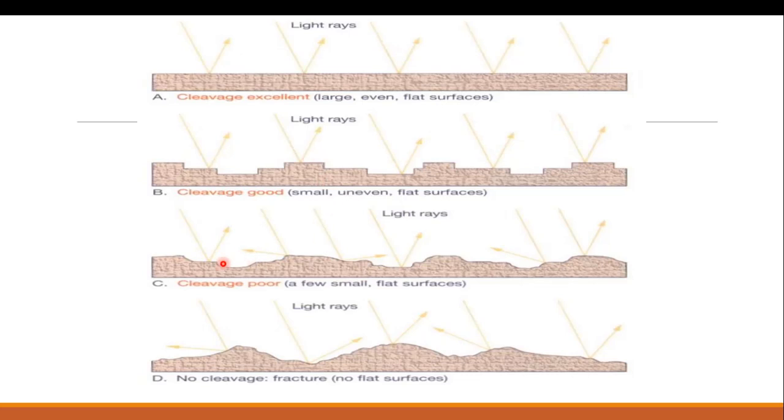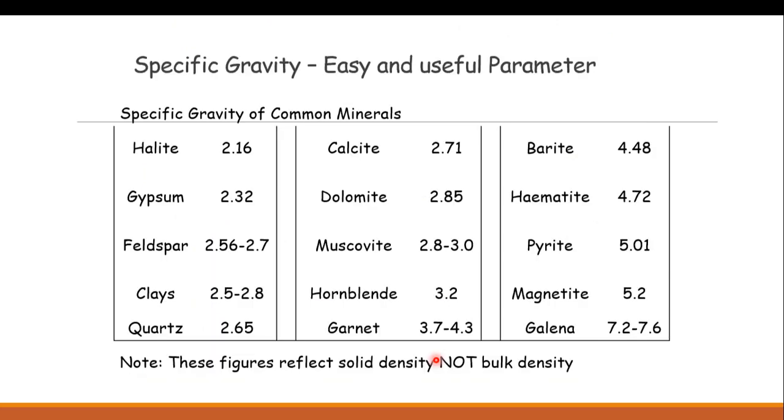And number 3, we have the cleavage of poor quality, which has small flat surfaces and the direction of the light is not only in one direction. And number 4, we have the minerals with no cleavage, which is basically a fracture, so there are no flat surfaces on this, and the light goes in several directions.